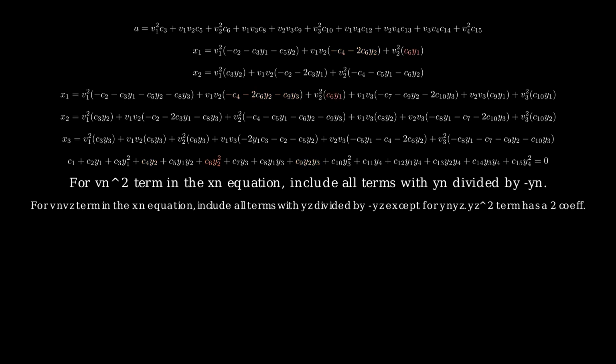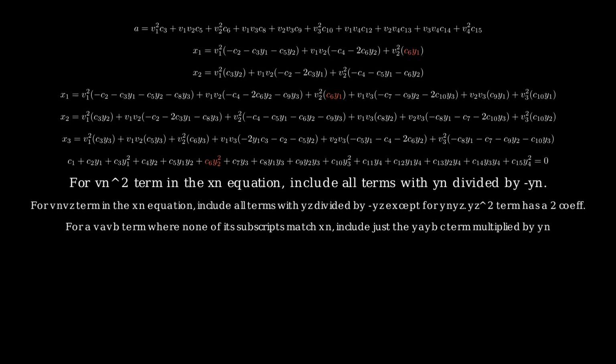Okay, what about that last term in the first x1 equation, c6 y1, belonging to the term v2 squared? Well, in this case, none of those subscripts match x1. They're all 2's. So if you have some vA vB term where A and B are the subscripts and neither of them match the subscript of the x equation it belongs to, then you just need to find the yA yB term.